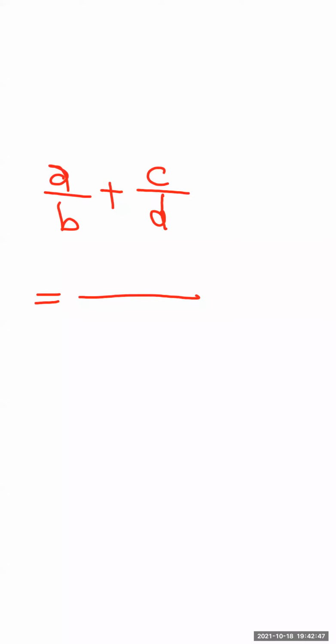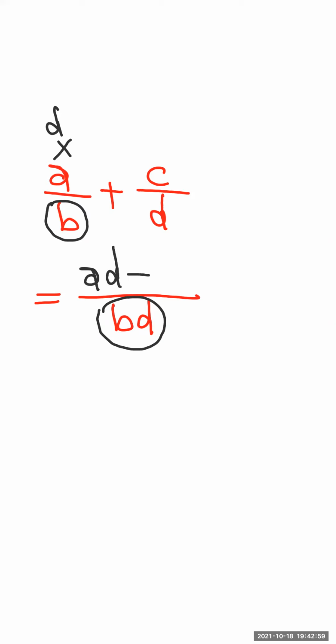So B times D means BD. Now divide BD by the first denominator, it will equal D. Multiply it by A, so AD, plus, again divide BD by this denominator, it will equal B. Multiply it by C, it will equal BC.